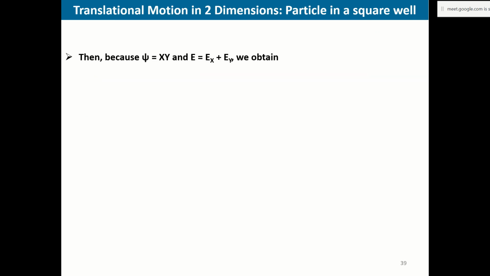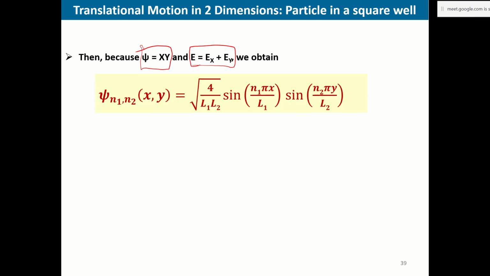So the net result is that psi is a product of two functions, capital X and capital Y, and the energy is a sum of the two, Ex plus Ey, and the final outcome will be that the total wave function will be shown by this.